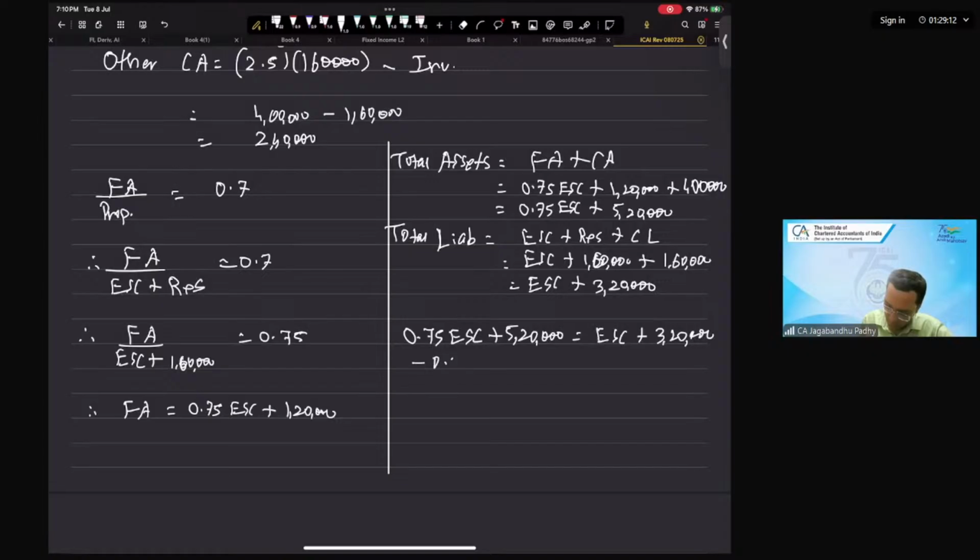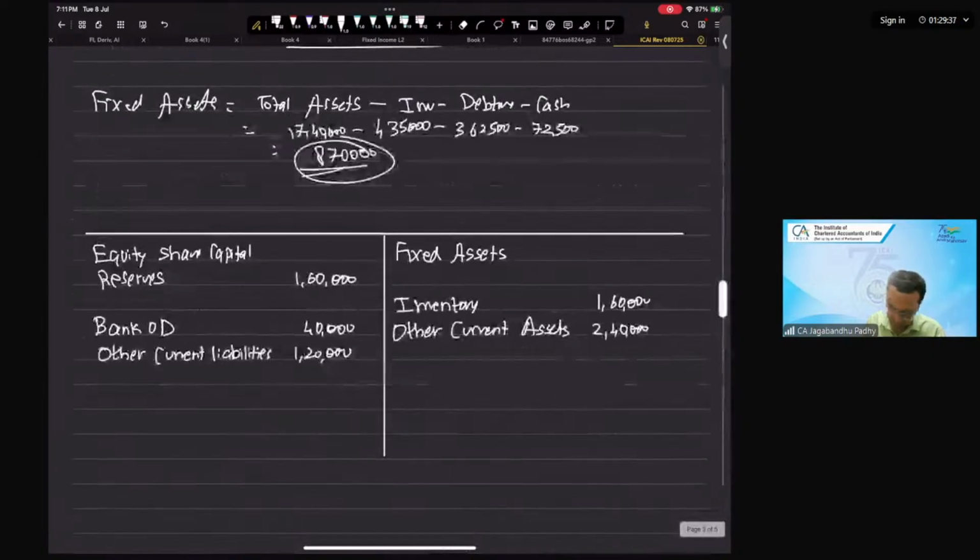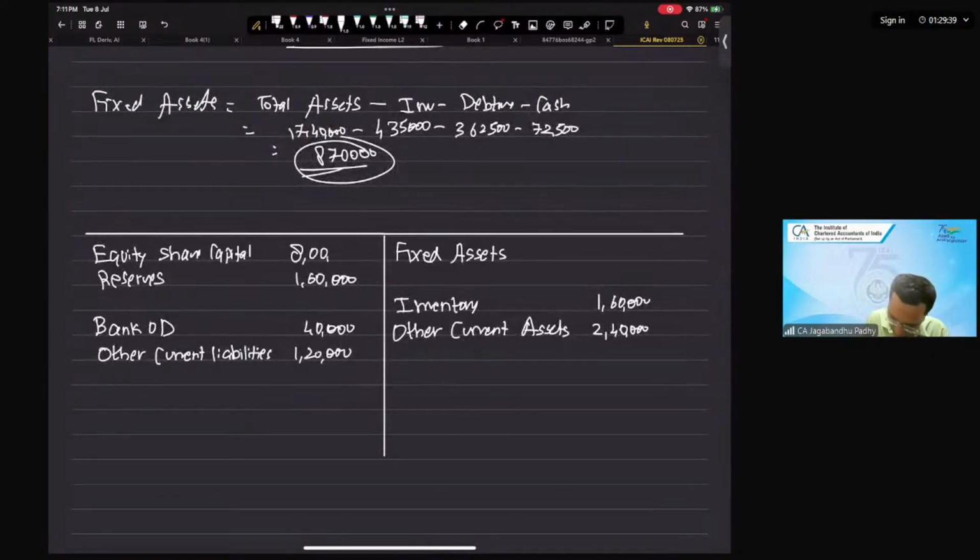This is minus 0.25 equity share capital is equal to minus 2 lakh, right? So we get the equity share capital to be, what? 8 lakhs, right? Equity share capital is 8 lakhs.